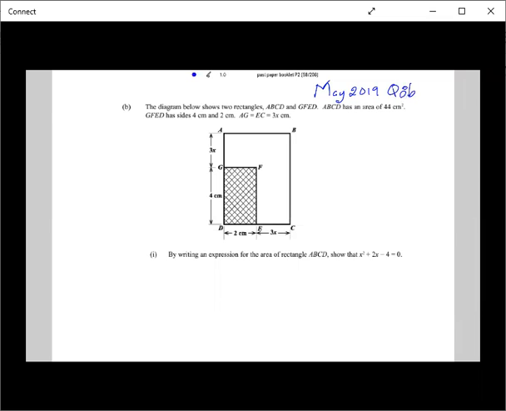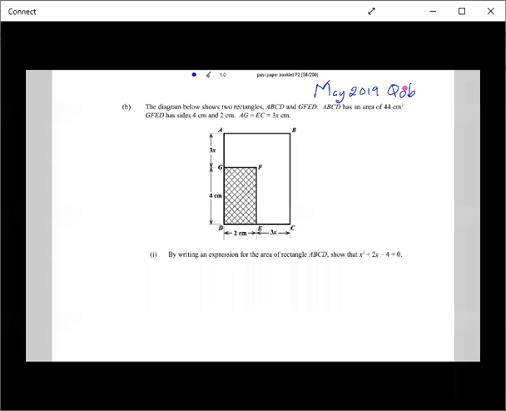We're told that the diagram below shows two rectangles, ABCD and GFED. ABCD has an area of 44 centimeters square. GFED has sides 4 centimeters and 2 centimeters.